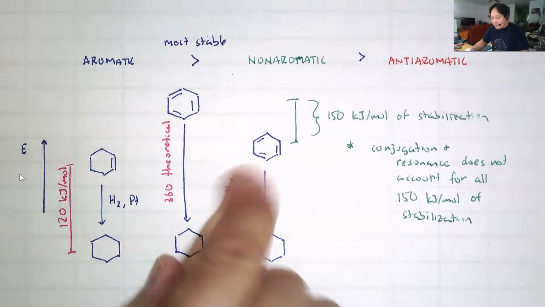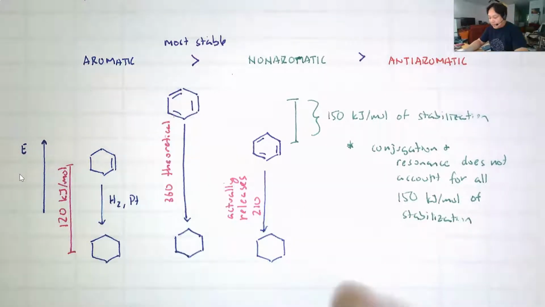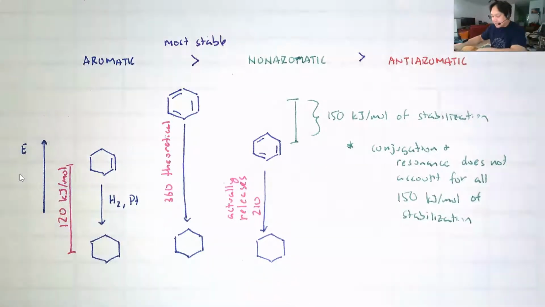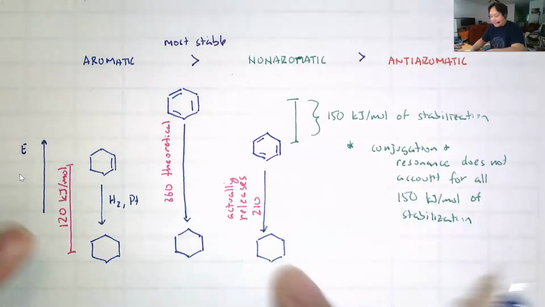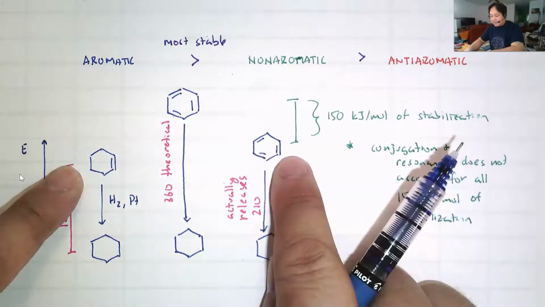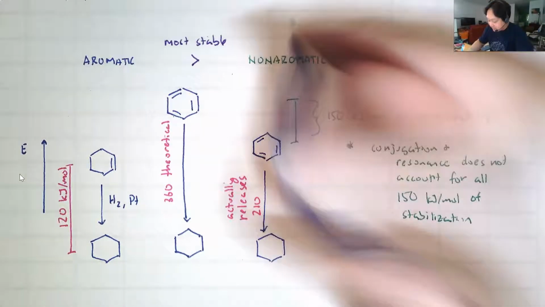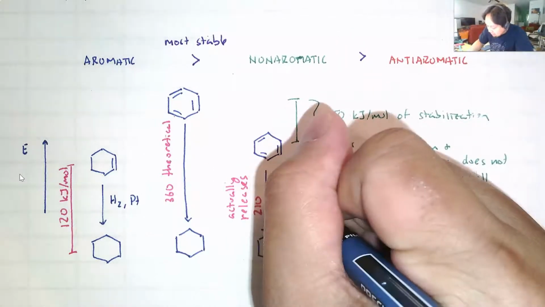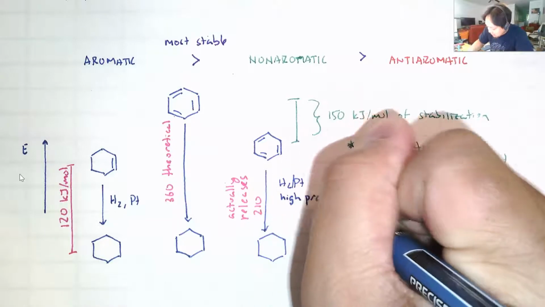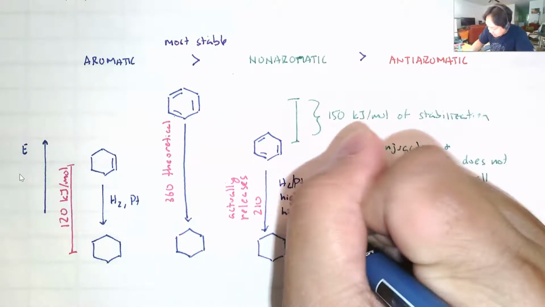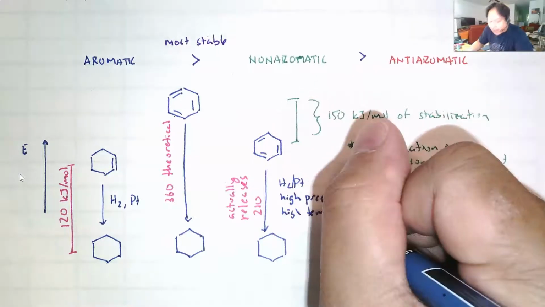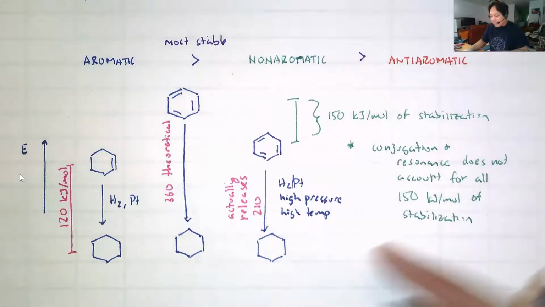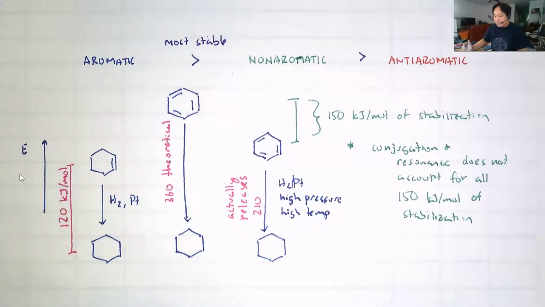We're hydrogenating all of these. This was theoretical, but when we hydrogenate this molecule, again, it's going to be under kind of extreme conditions, but it doesn't change the fact that you're ending up in the same place and releasing that amount of energy to get to the same place. I think you could have high pressure, high temperature, etc., maybe a different catalyst. I'm not sure what catalyst; I could look that up later, but extreme conditions to get this to hydrogenate.